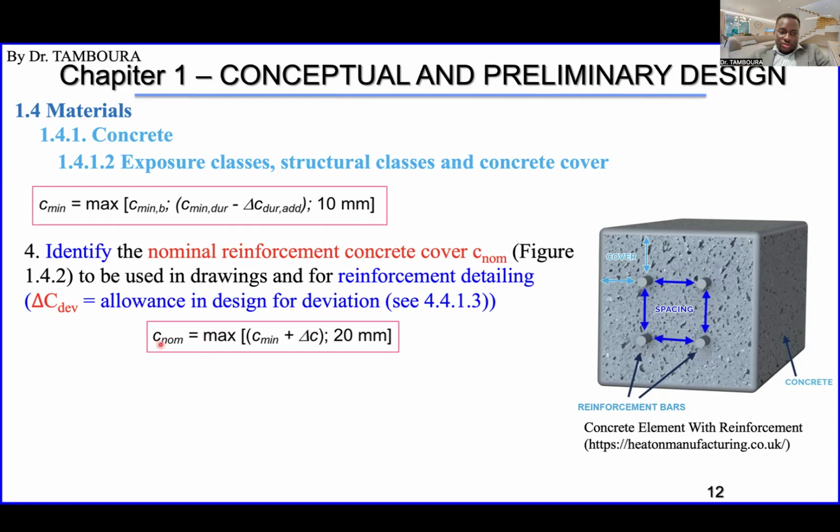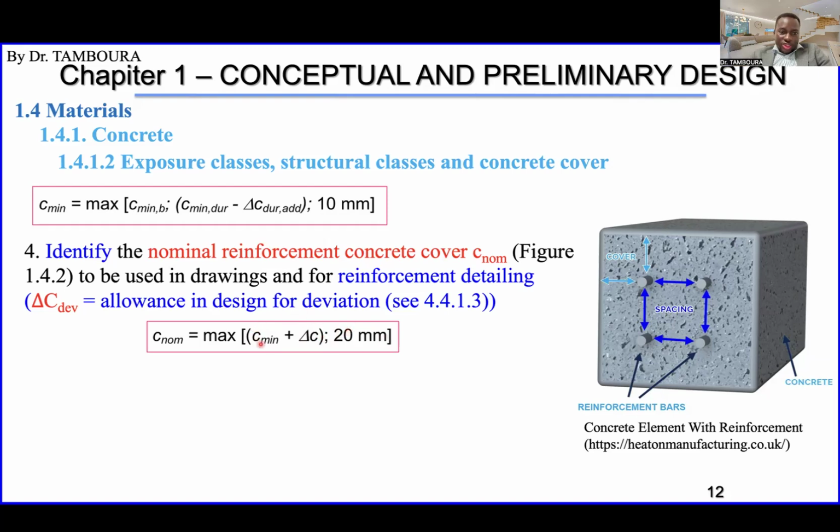So it means if you want the C nominal for reinforcement, you take the C minimum you calculated here plus delta C. The value of delta C is between 0 and 10, okay? And you compare this value with 20 millimeter.